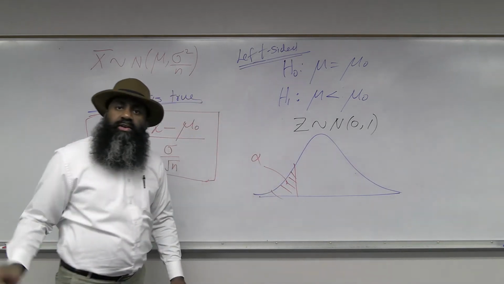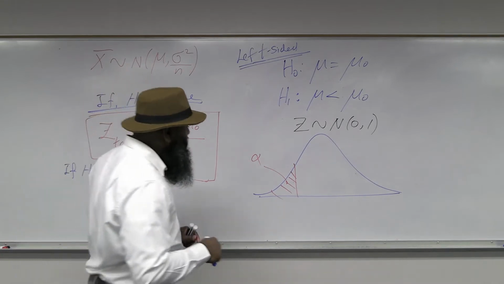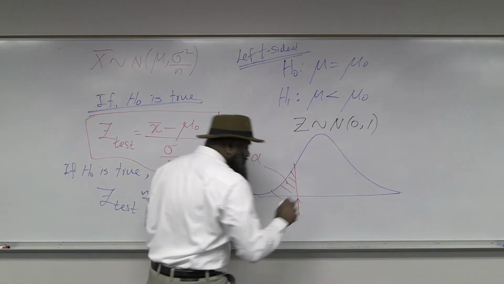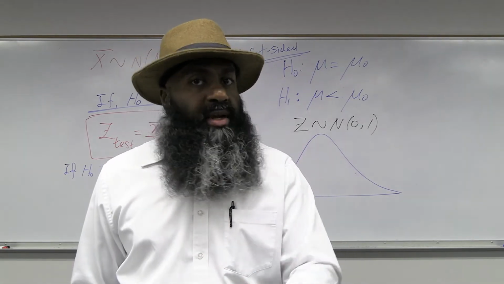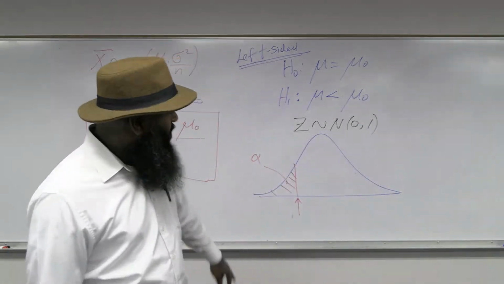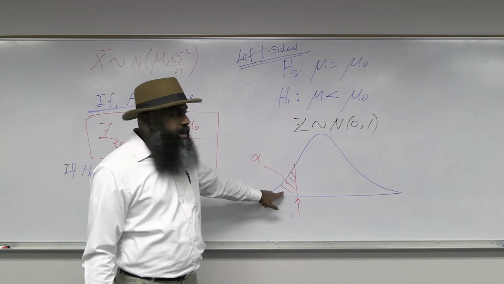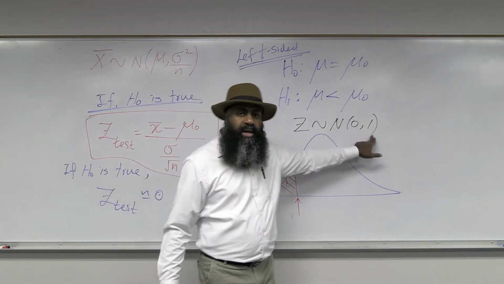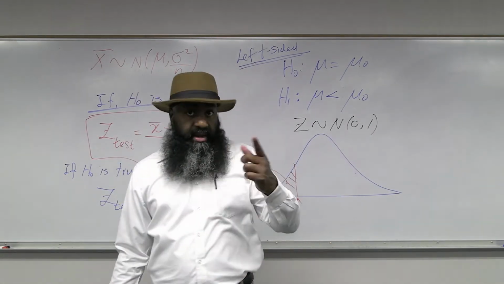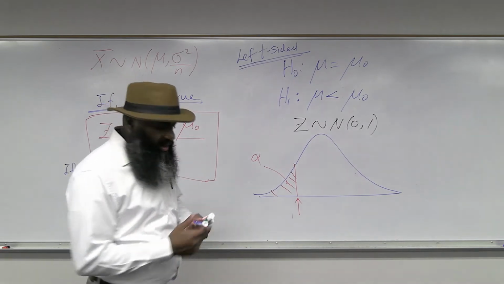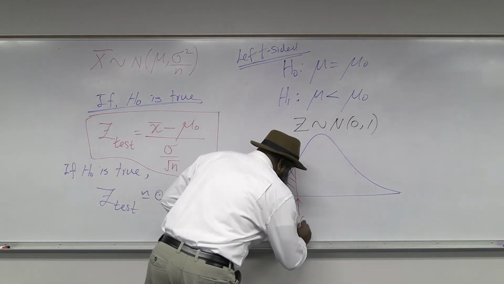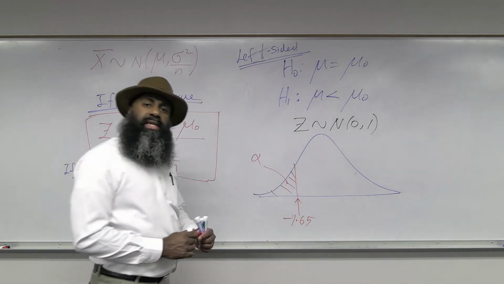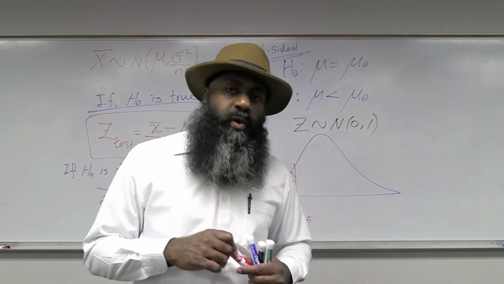If your alpha is 5%, what should this critical value be? Once again, go to distributions, select inverse normal, the area will be 0.05, mu equals 0, sigma equals 1, select paste and hit enter. Then we get this point is equal to negative 1.65, or you can write it as negative 1.645.